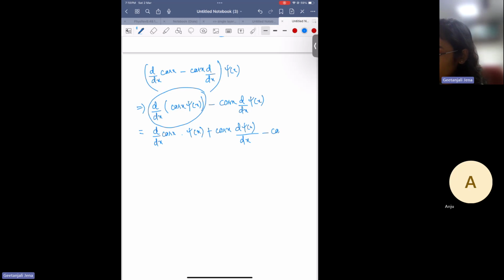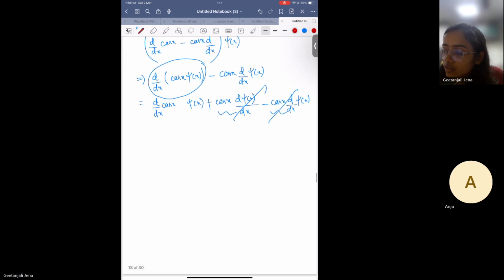The last term is cos x d by dx of psi. This term will cancel, since one is plus and the other is minus. So the only term left is this one: the derivative of cos x is minus sin x, times psi of x.